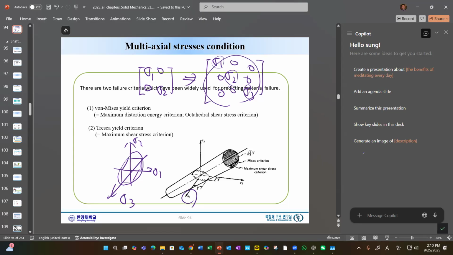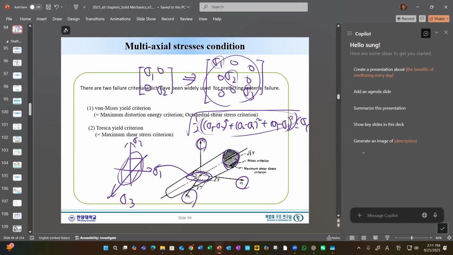Remember: sigma 1 minus 2 squared plus sigma 2 minus 3 squared plus sigma 3 minus sigma 1 squared, divided by 2, and the root, is less than sigma yield. We can plot them in three-dimensional space, and this is the one. And then sigma 3 equals 0, we had this graph.